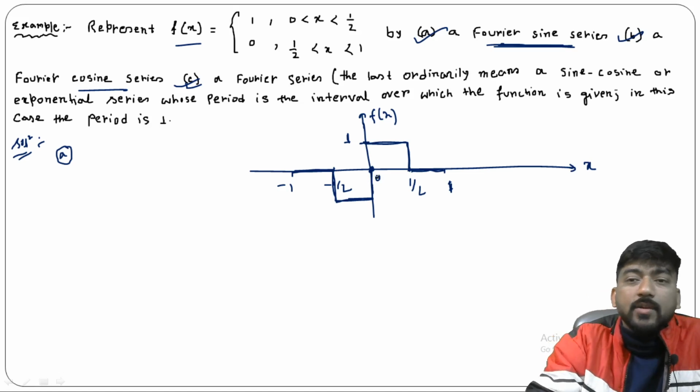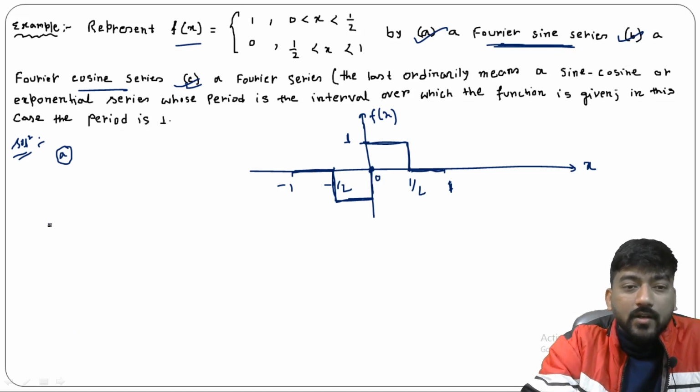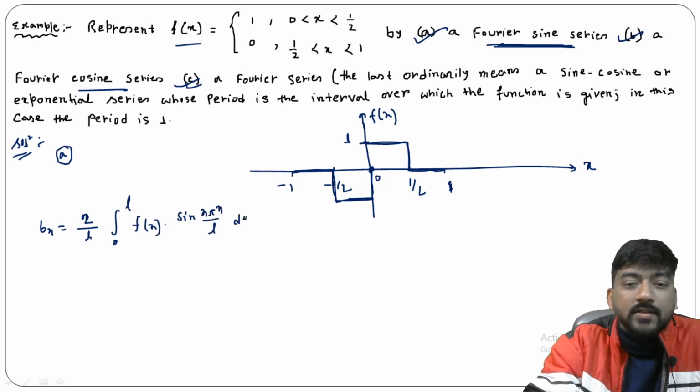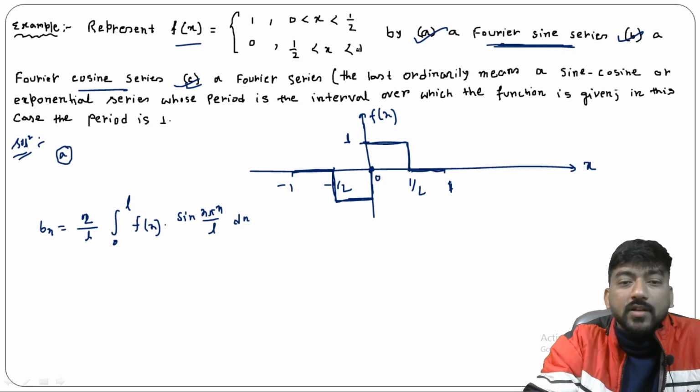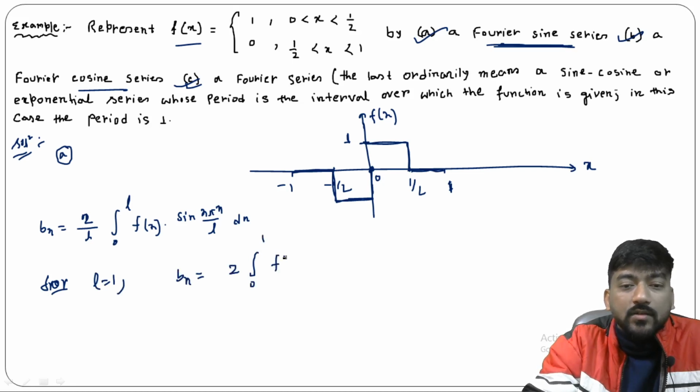For an odd function, a0 and an are equal to 0, so you will have bn. bn will be 2 upon L integration 0 to L, f of x into sine n pi x by L into dx, and here L is equal to 1. So for L equal to 1, bn is equal to 2 integration 0 to 1, f of x into sine n pi x dx.